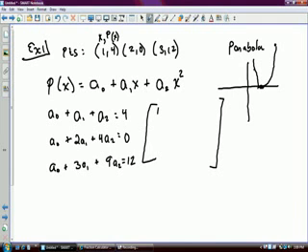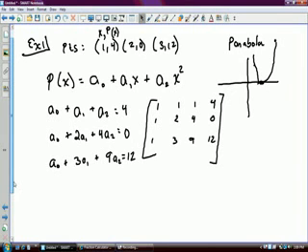So this is going to be 1, 1, 1, 4; 1, 2, 4, 0; 1, 3, 9, 12. I'm not going to write out every step.